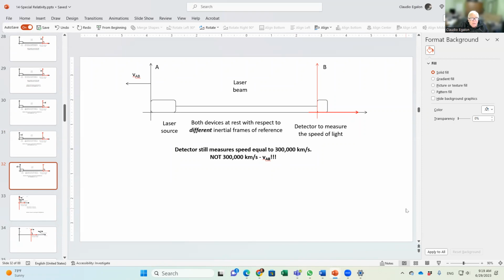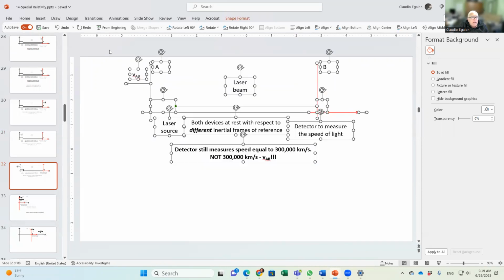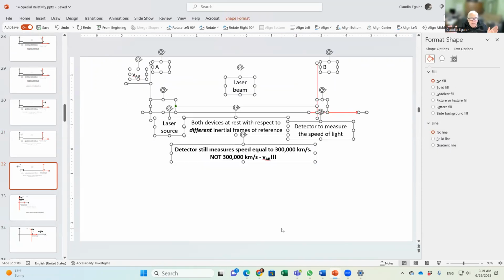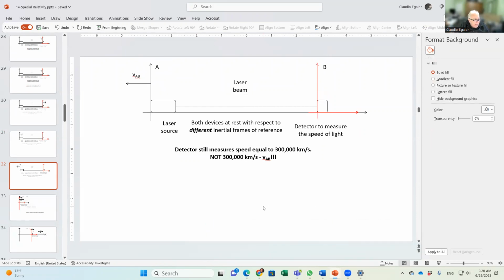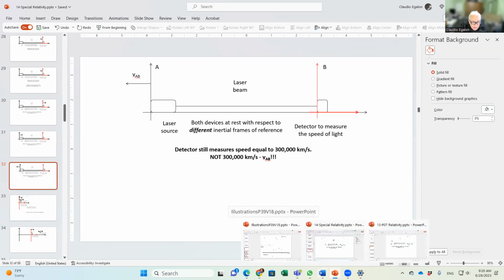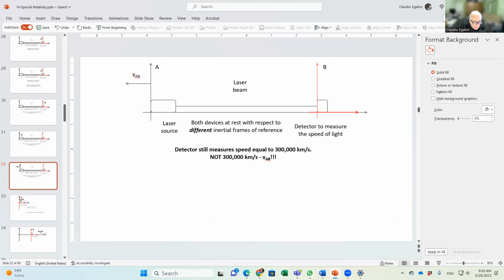Just with Einstein's second postulate, he was able to grasp every odd phenomenon that the scientists were observing at that time. And that's what we're going to do after our first break, okay?